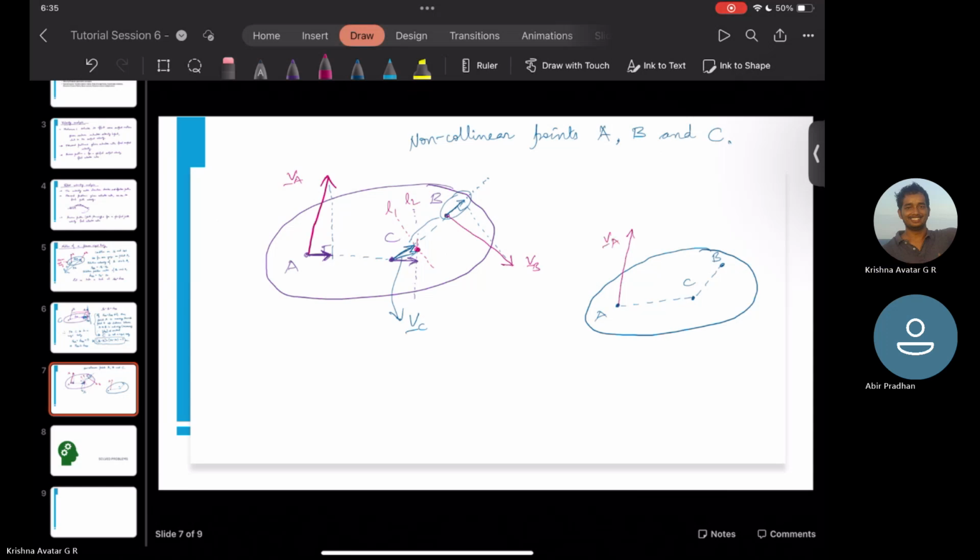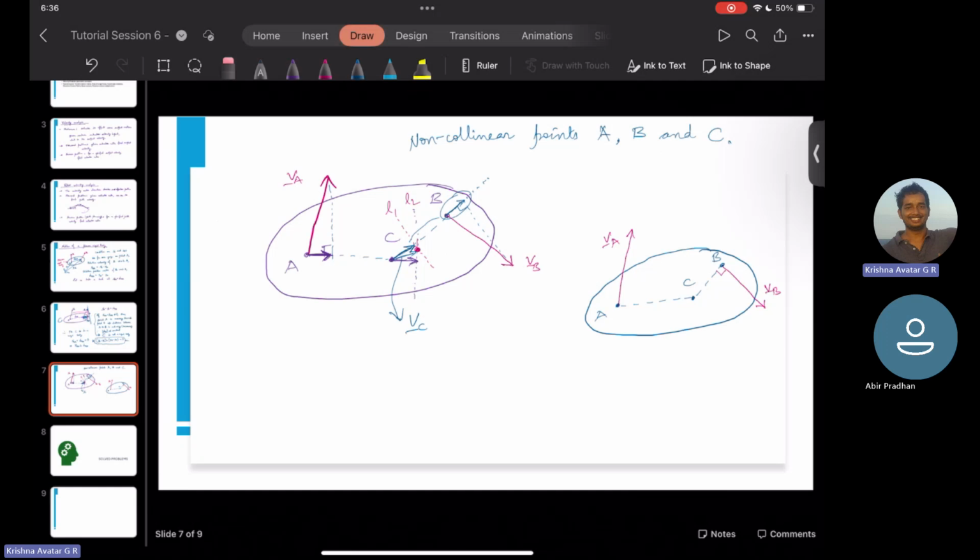And this velocity vector VB is perpendicular to the line connecting the points C and B. Right? So what we have to do is find again the velocity vector of point C, wasn't it?